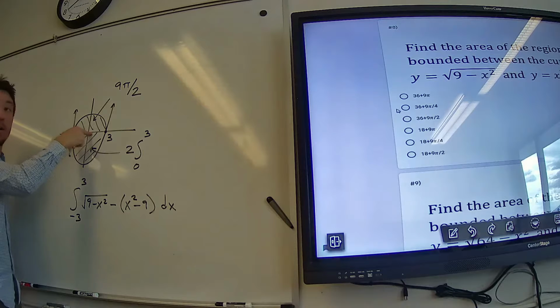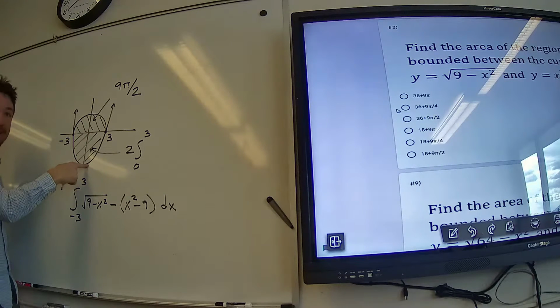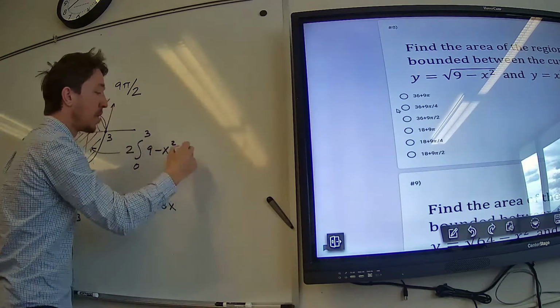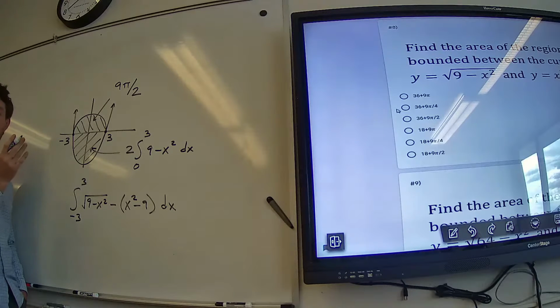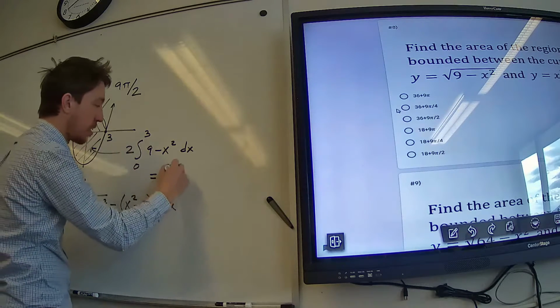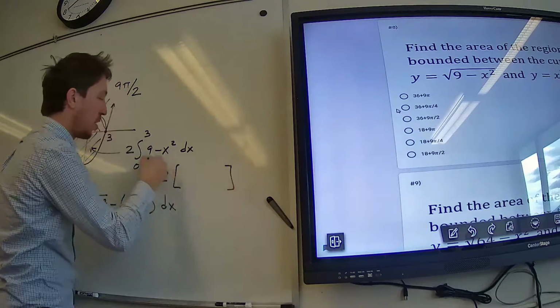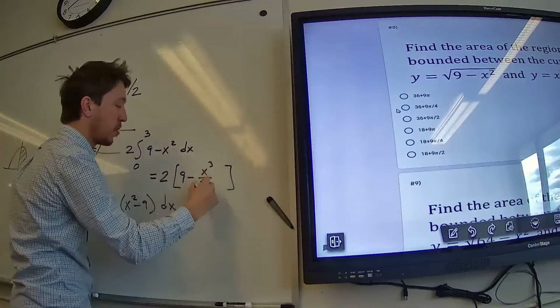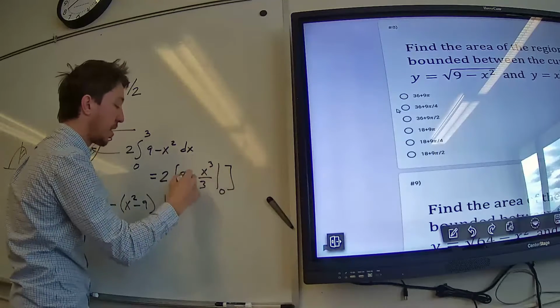The integral is 0 minus the function. Do you see how doing 0 minus the function would give you 9 minus x squared? 9 minus x squared looks like this, a mirror image, so you can think of it that way too. In any case, what you get here would be 2 times 9x minus a third of x cubed.